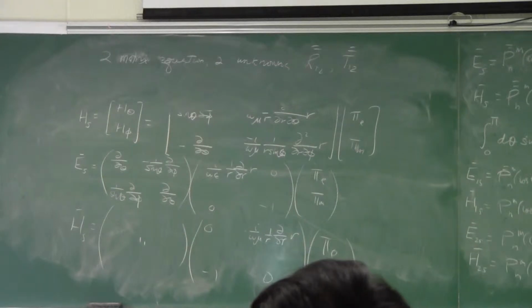Remember, I erased the left hand side, which is pi E, pi M. Okay, equals this. A is just a 2 by 1 column vector because I have two scalar potentials that are different, independent from each other. So this is a vector A, this is a vector B to denote that, to distinguish the fact that the upper element will be pi E, lower element will be pi M.